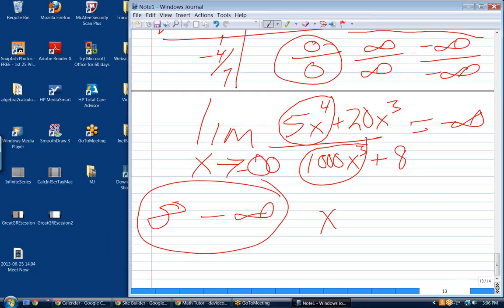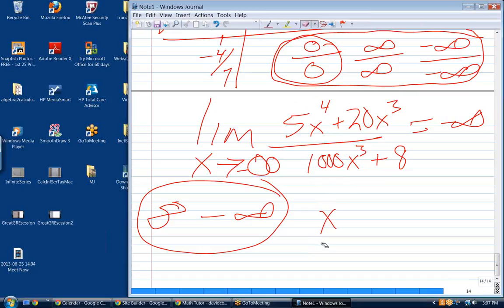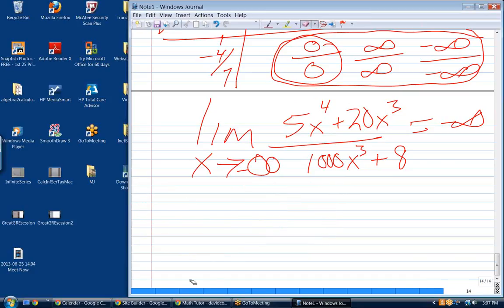And these are the ones where you can use L'Hopital's rule: 0 over 0, or infinity over infinity, or even negative infinity over negative infinity. All right. Well, it's telling me it does apply here. Yeah, it says L'Hopital's rule does apply.